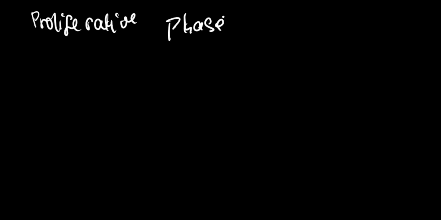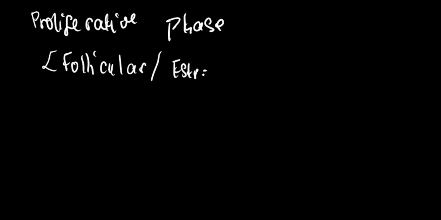A lot of different texts have different fancy terms for the proliferative phase. In some texts, you would have this as the follicular phase, and some texts also have this as the estrogenic phase.